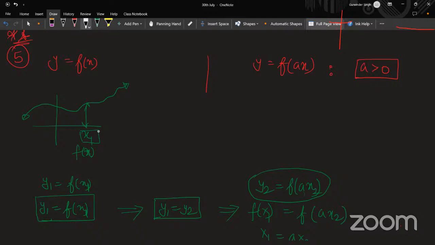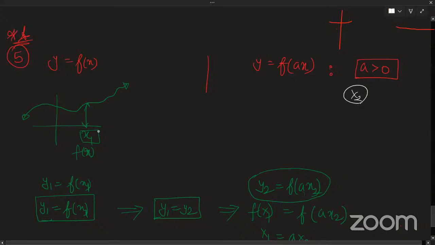I have taken another function f of ax. It is just multiplying, so I'm just checking what will happen to my input. So I'm taking this input as x1 and the second input as x2. I have called this x2, okay?